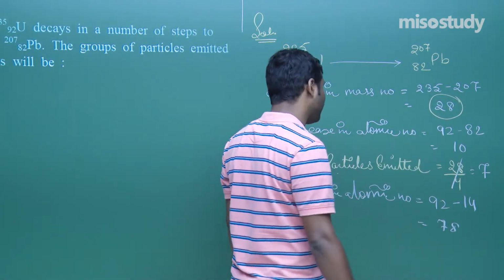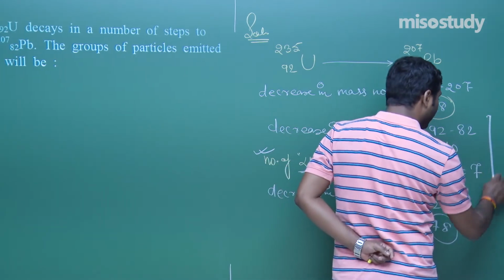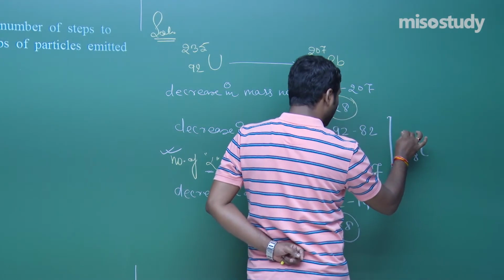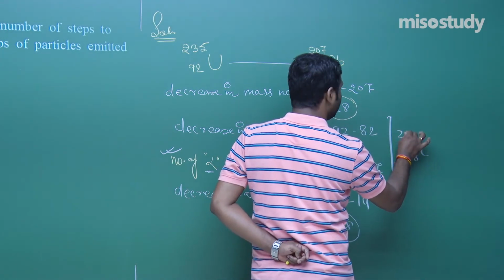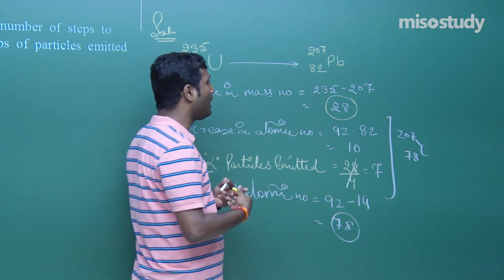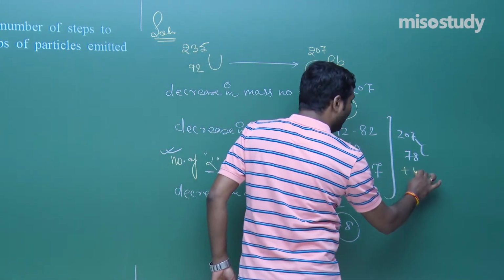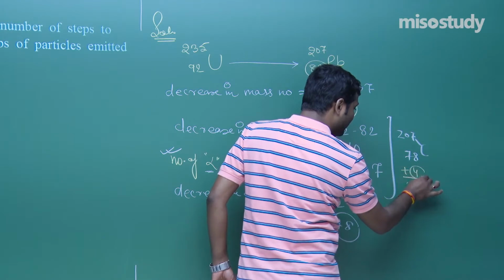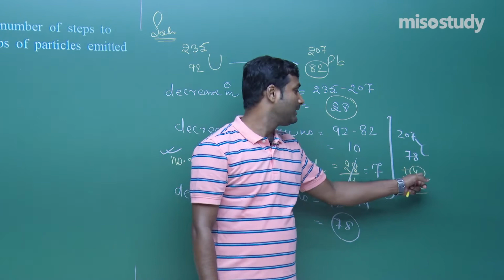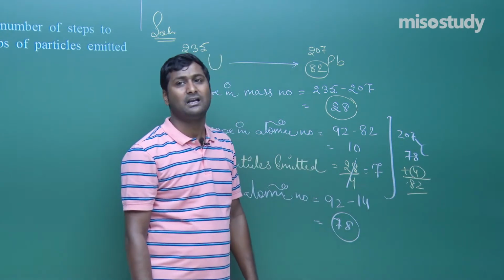That is equal to 78. So the atomic number of the daughter element should be 78 with mass number 207. But here what we observe, the atomic number is not 78, it is 82, that is plus 4. Clear? This difference of 4 symbolizes that an emission of beta particles also takes place.